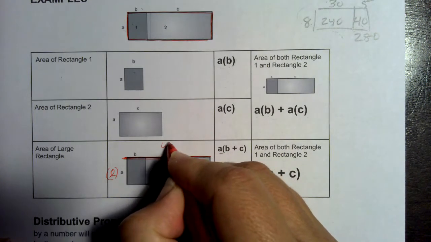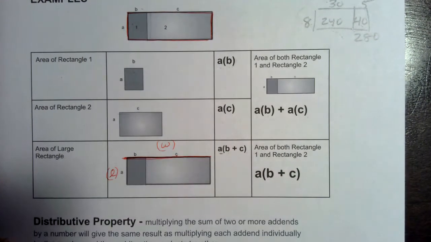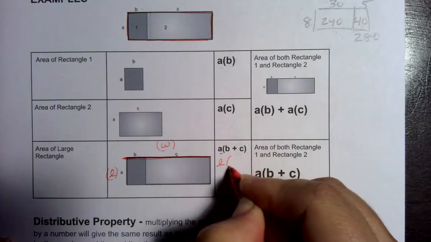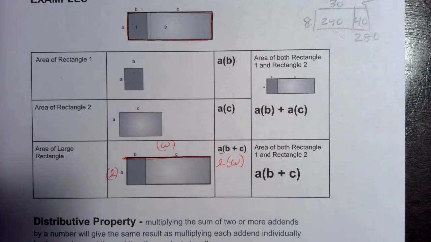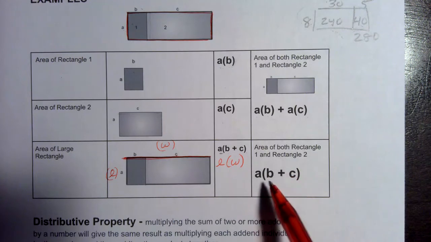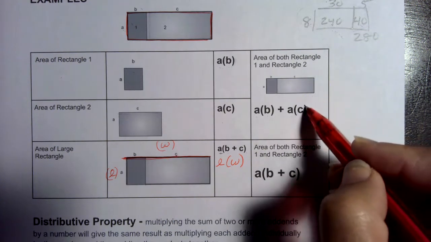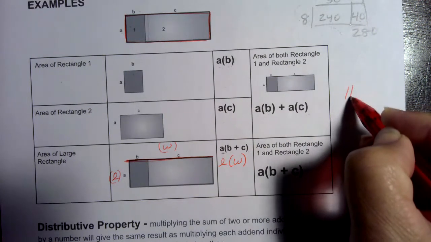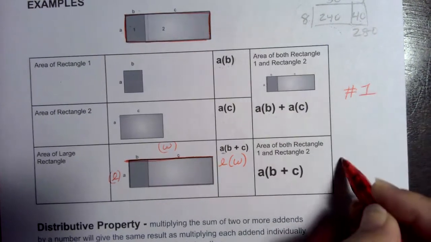And my width is B plus C. Length times width. So my other expression is A times the quantity of B plus C. So expression number 1, expression number 2.